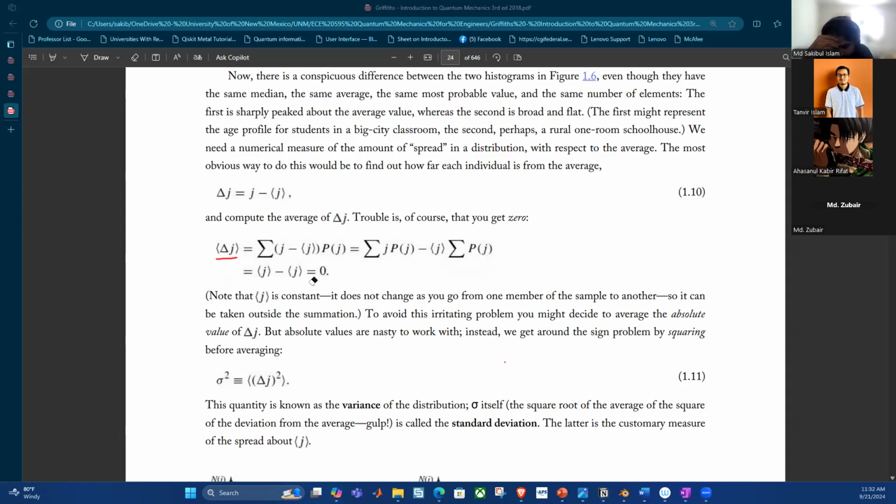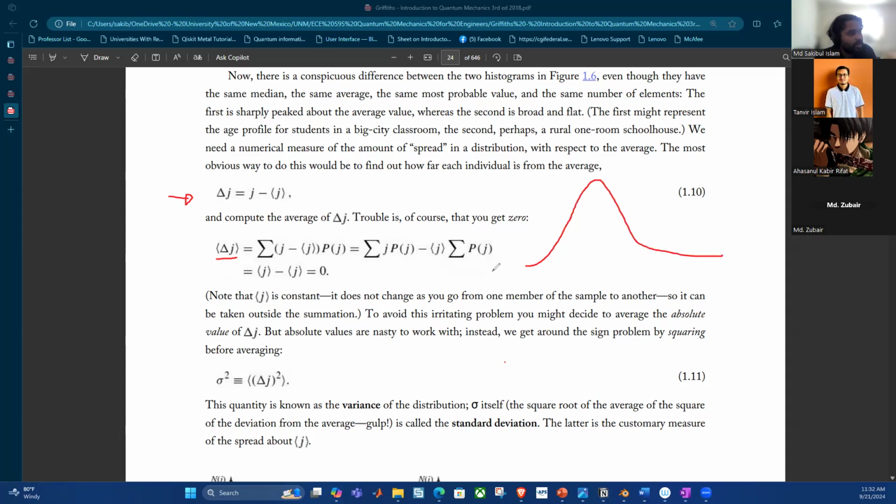So what does it say? It says the expectation value of the spread. We can define this term as the spread. The expectation value of this spread is 0. Does it make sense? What you are doing is this spread, let's say on this distribution.